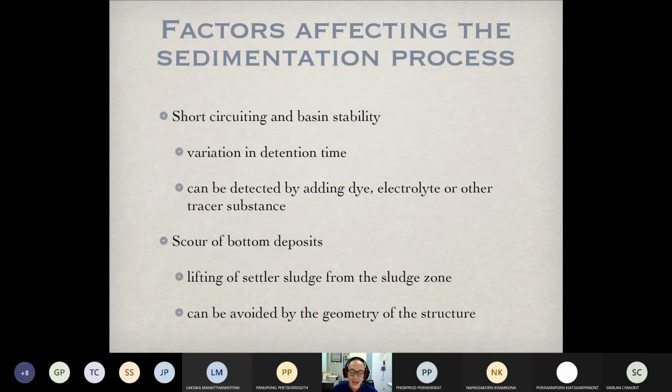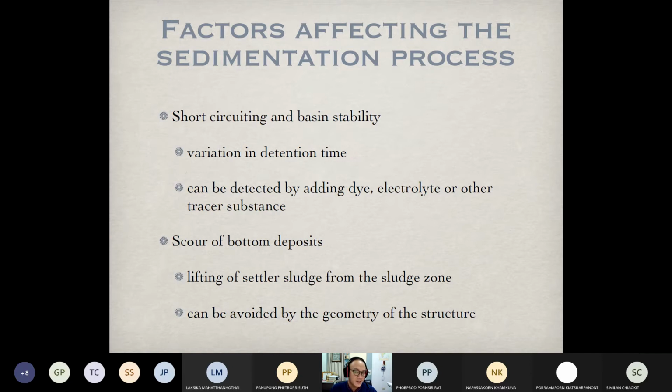You may have heard about the anaerobic process or the anoxic process. It is a condition where there is no oxygen in the bottoms of the tanks. So this is actually the biological process used to degrade the organic substance.